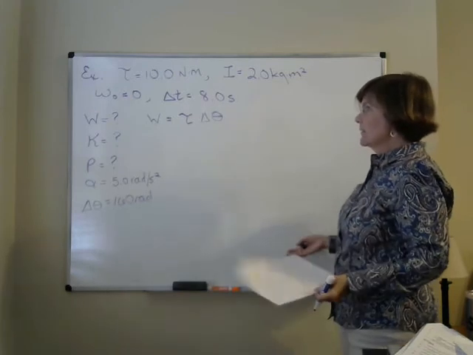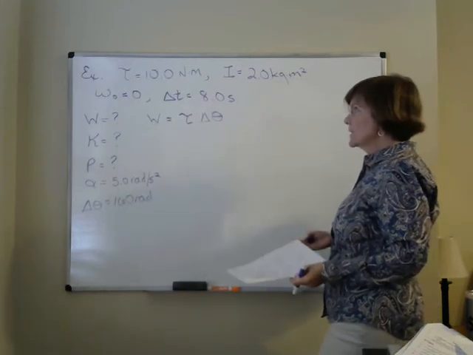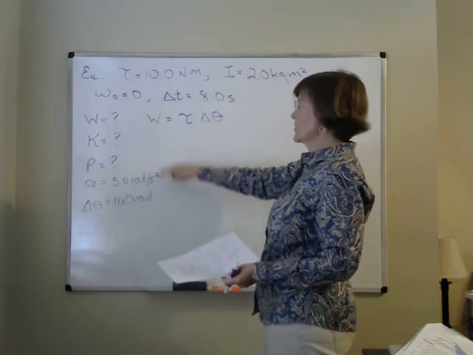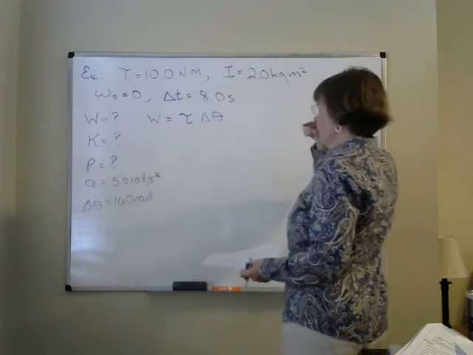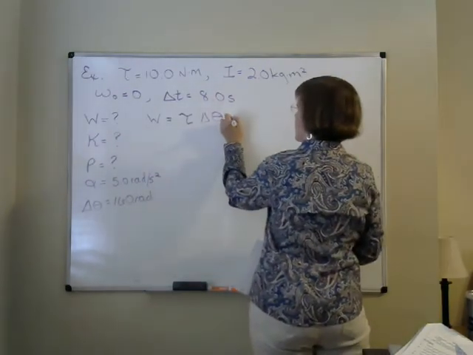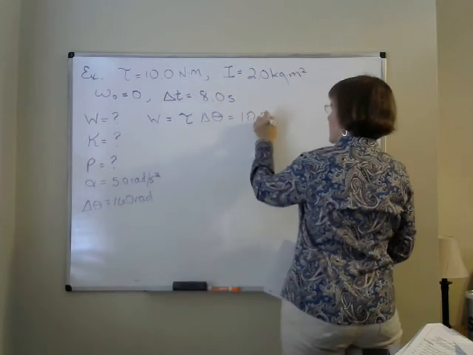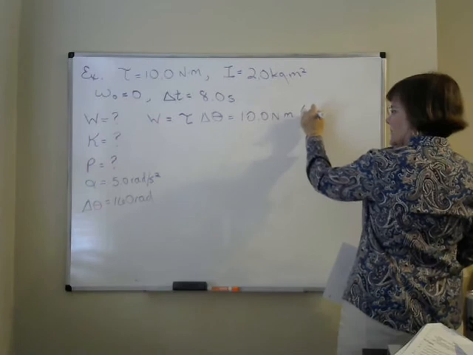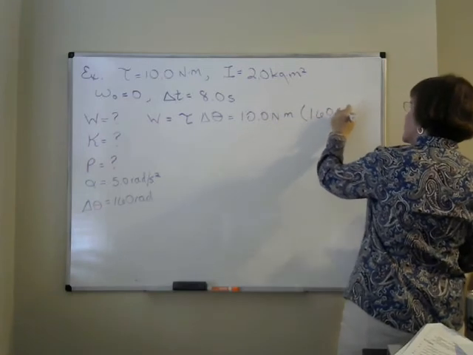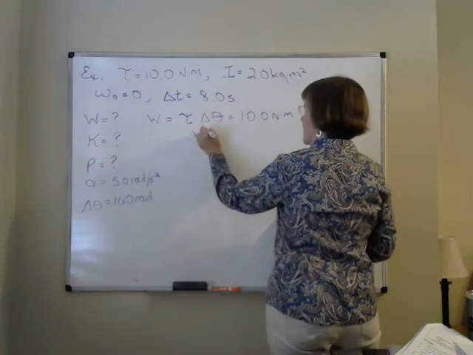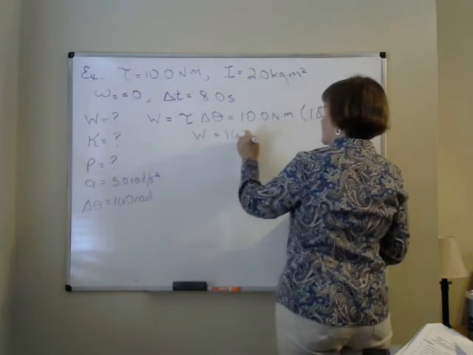I know I can find out how far something will rotate in 8 seconds once I know this acceleration and I know the time, I know the initial velocity. So now we can get the work. The work is the torque times the angular displacement, that's 160 radians. So our work is 1,600 joules.